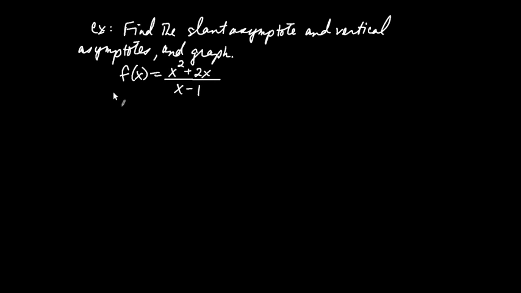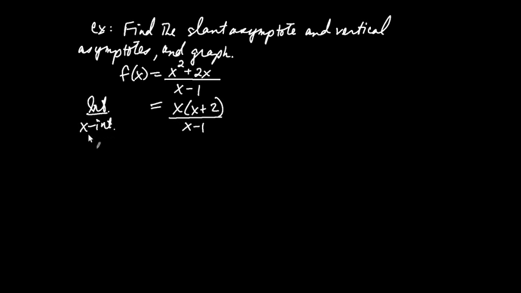Okay, so why don't we start off by finding intercepts. The problem didn't ask us to do it, but it's always nice to have those. So for intercepts, let's start with the x-intercept, where you set y equal to 0. Oh, by the way, we mentioned that with rational functions, we like to factor them first. So it's x times (x plus 2), divided by (x minus 1). This is our go-to when we have a rational function.